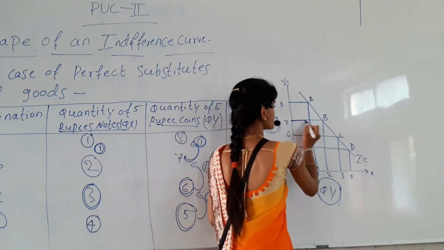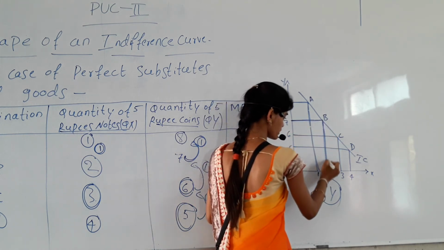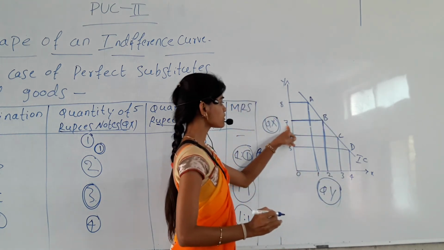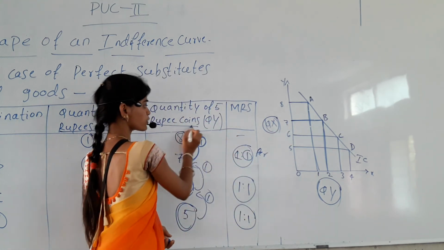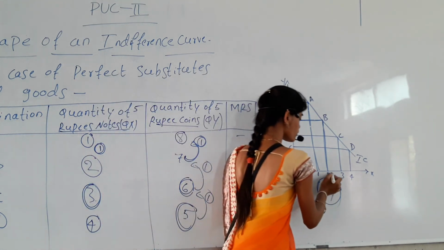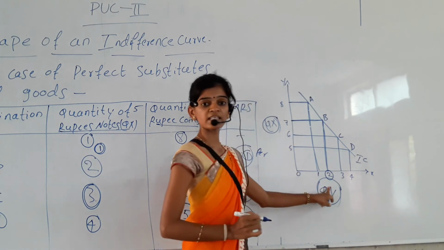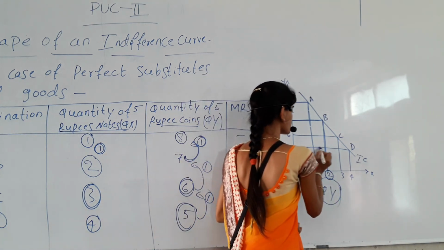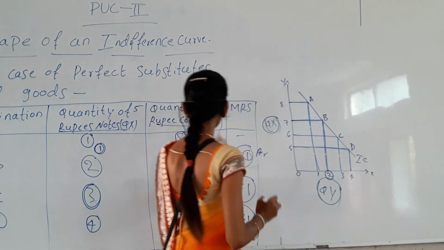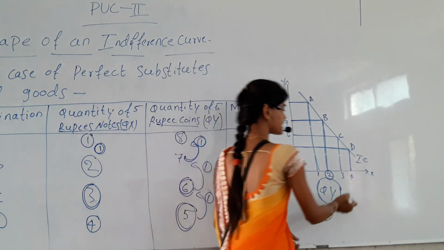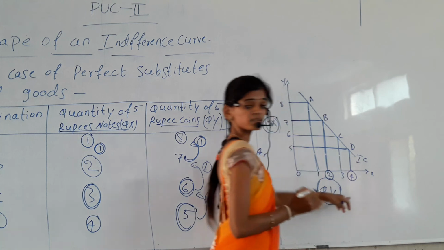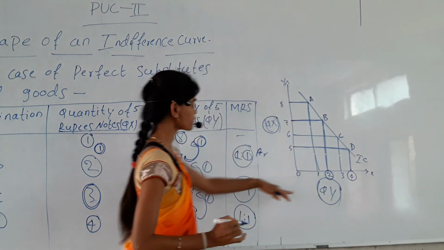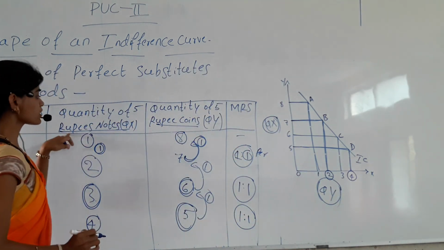Next, when he consumes 7 units of 5 rupee coins, he adds 1 extra 5 rupee note. Same as that, when he consumes 5 units of the 5 rupee coin, he adds 1 additional unit of 5 rupee notes.